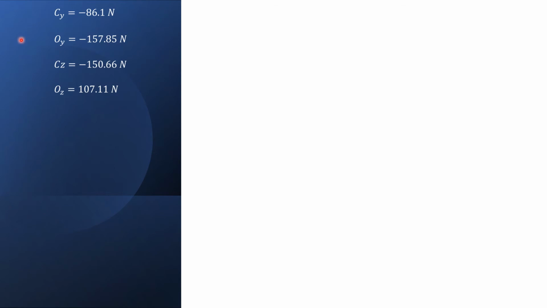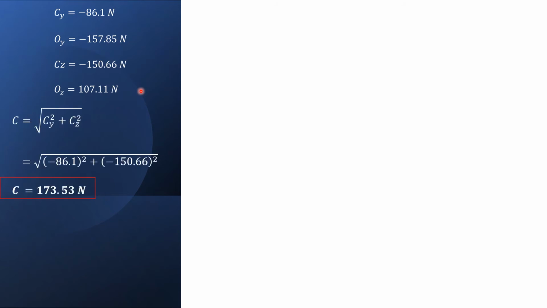And after having obtained all the bearing reaction components, we are now able to compute the total resultant forces for C and O. For C, it is equal to square root of Cy squared plus Cz squared. We plug the values here and here, and then we can obtain C is 173.53 Newton.